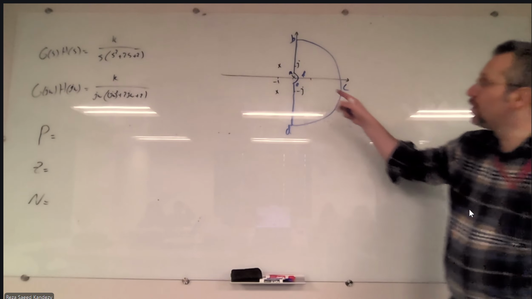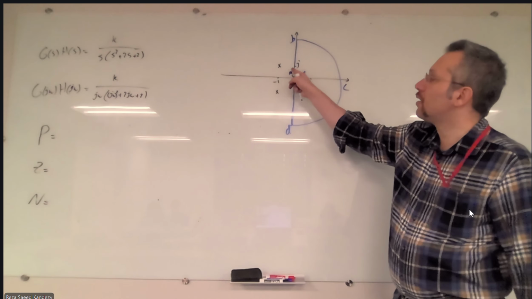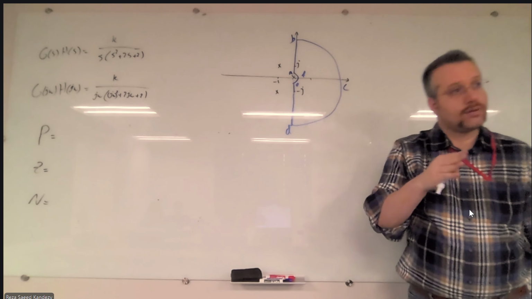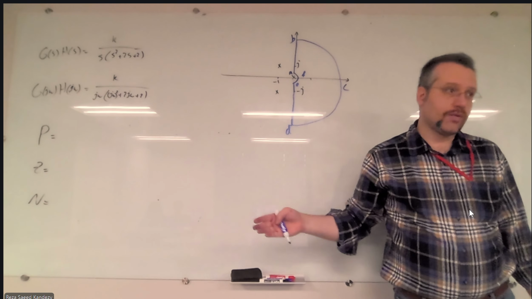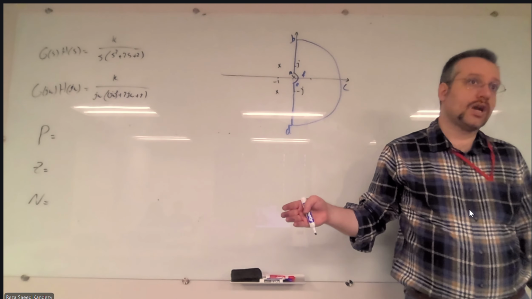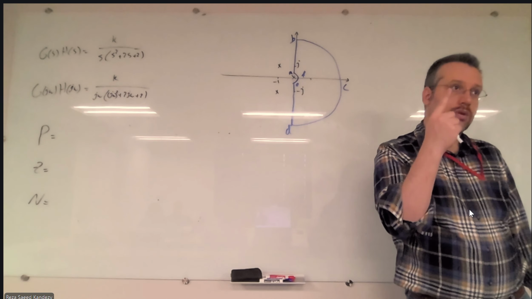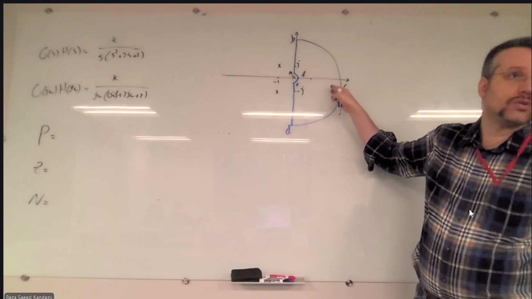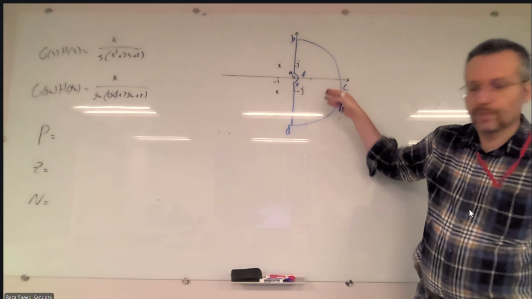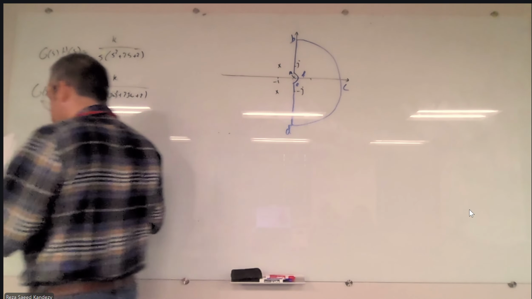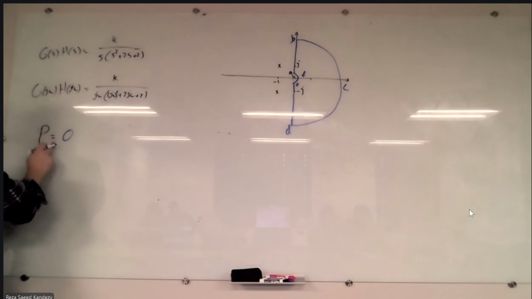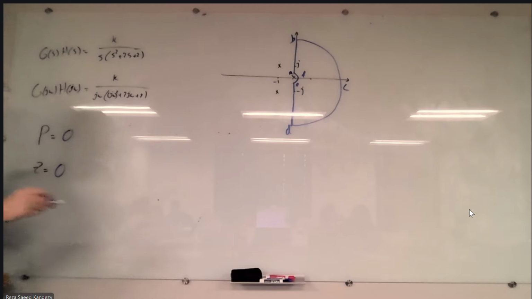If we had turned around on the left hand side, then this pole would fall to the right of our contour, so we would have one pole on the right in that case. In this case, we don't have any poles or zeros to the right in our S domain. So poles in the right hand side is going to be 0. And we don't actually have any zeros, so this one is also going to be 0.